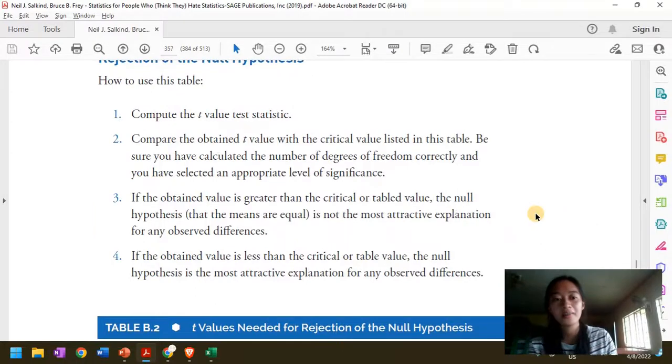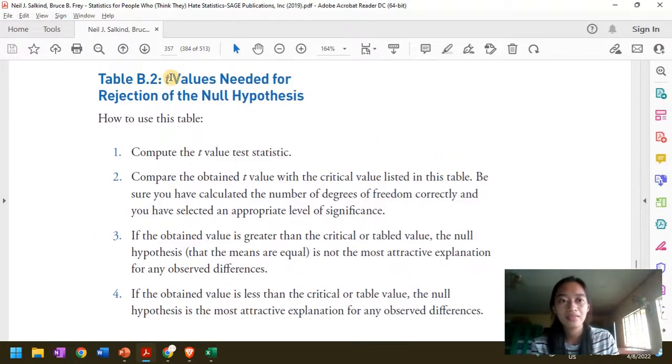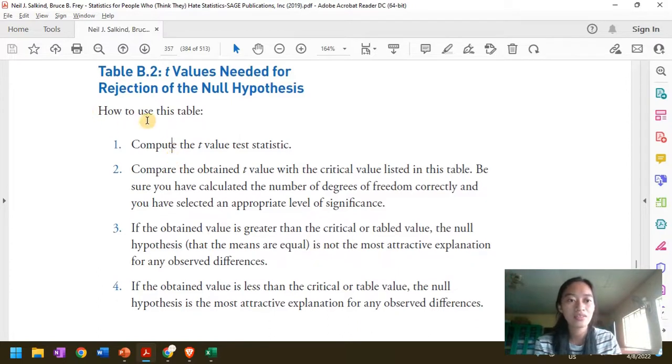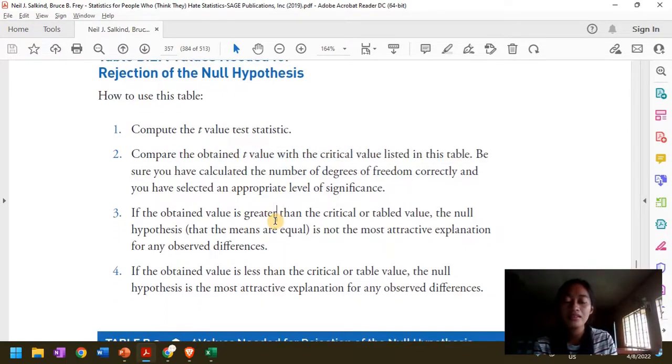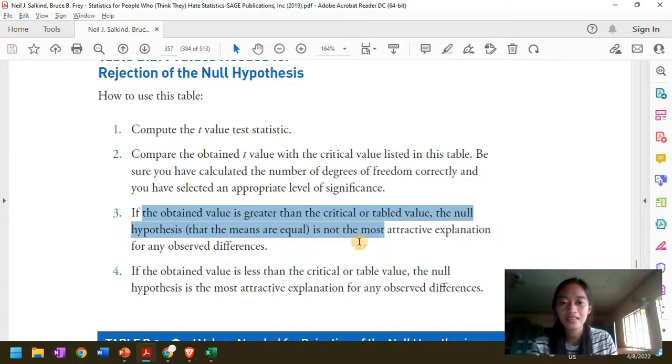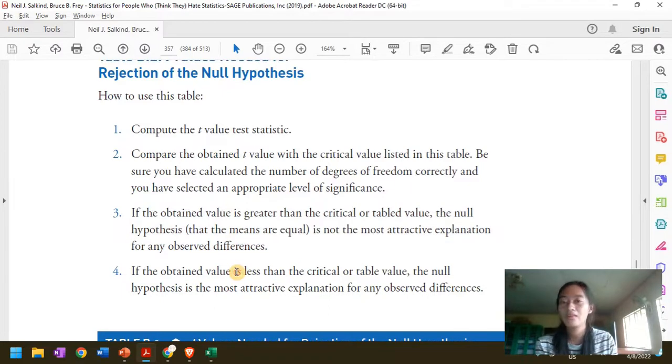So, kani nga akong gi-print sa inyo is for t values needed for the rejection of the null hypothesis. Ingon siya how to use this table. Compute the t value. Okay, done. Now, compare the t value with the critical value, and there are rules. If the obtained value is greater, the null hypothesis is not the most attractive explanation for the observed differences, meaning there is a difference.